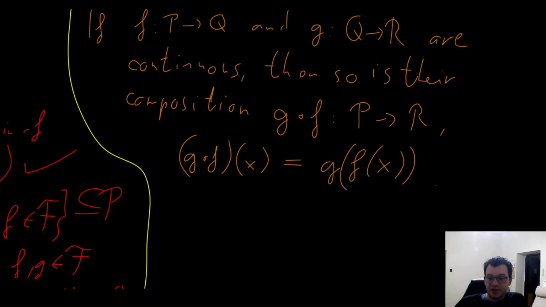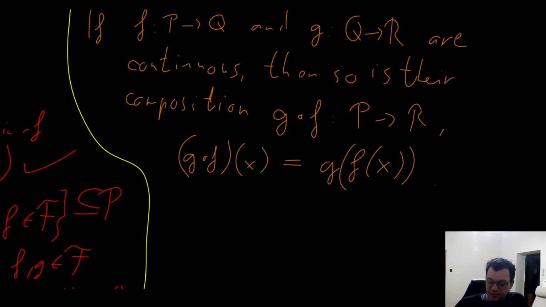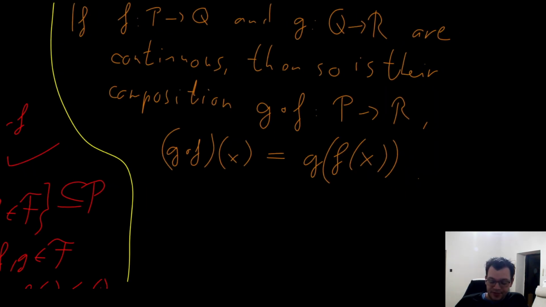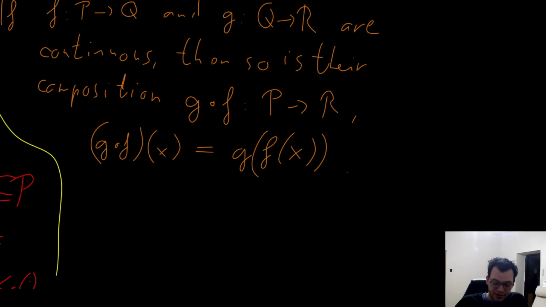That's the statement: if you chain two continuous functions together, then the result will also be a continuous function. Let's prove this. Again, this is a function, and I want to show that this is a continuous function.